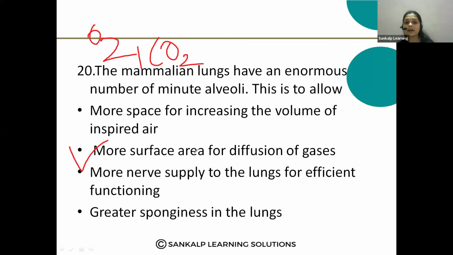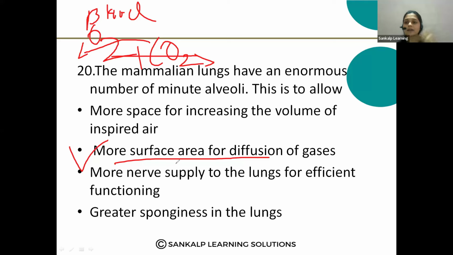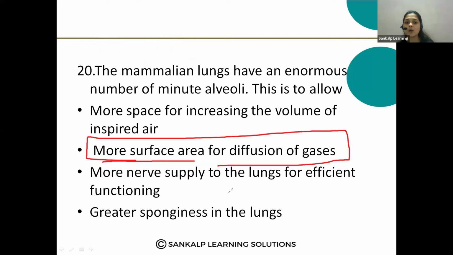So it provides more surface area for these gases. Carbon dioxide will go out from our body, and the oxygen we take in through the nose will diffuse into the blood. So this helps by increasing the surface area for the diffusion of gases. That is the correct answer. Note down the question.